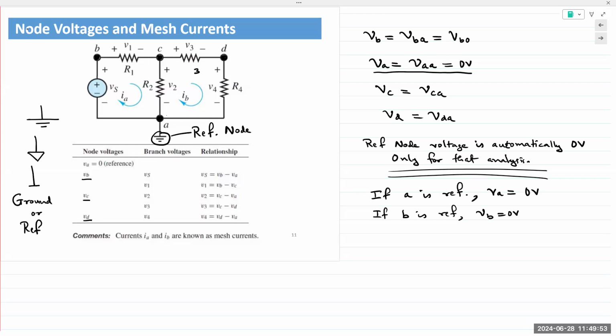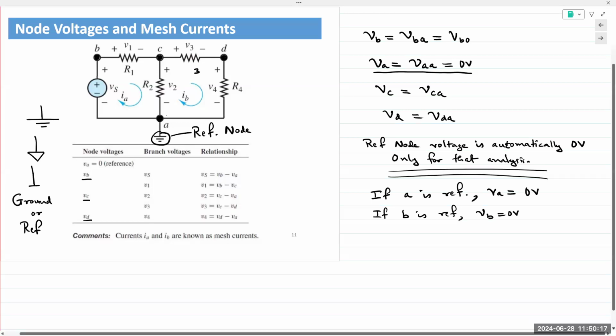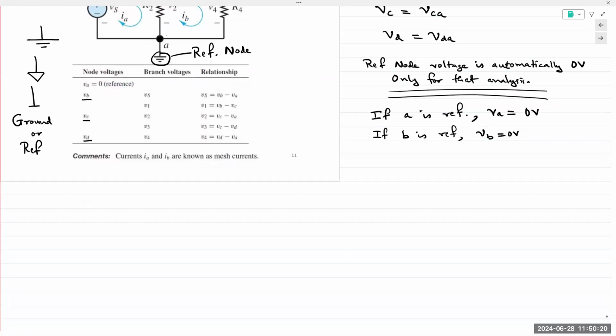Now, to the second part of your question, why is it 0 for any node? Think about voltages from, let's say, problem number 1.46 in chapter 1. There was a question that talks about 4 points in a circuit, and I showed that illustration in class. It doesn't matter where my reference is. This is A, B, C, and D, a two-dimensional graph.